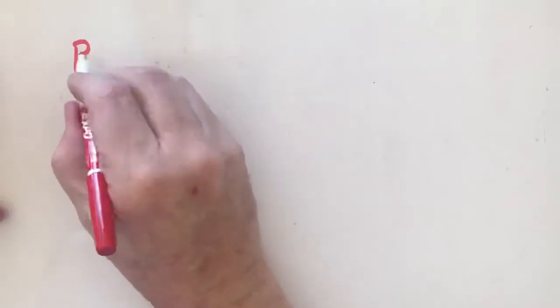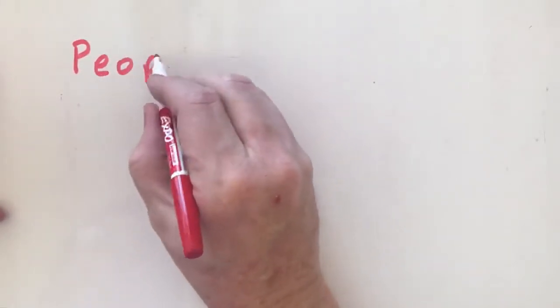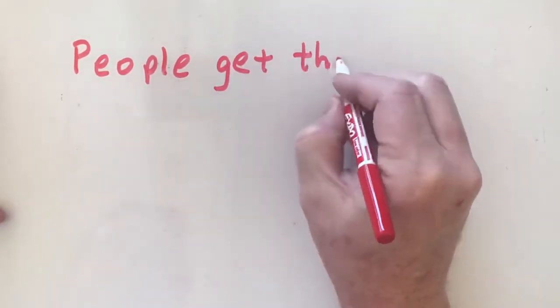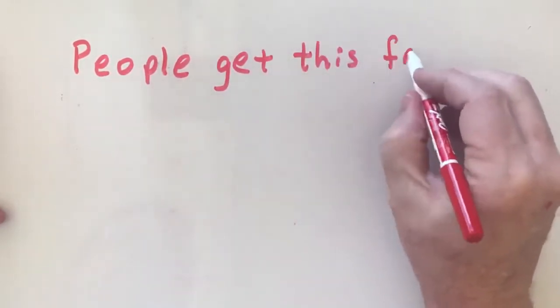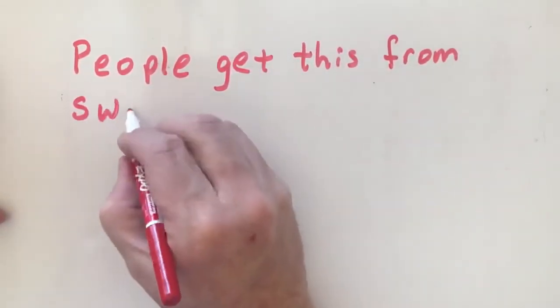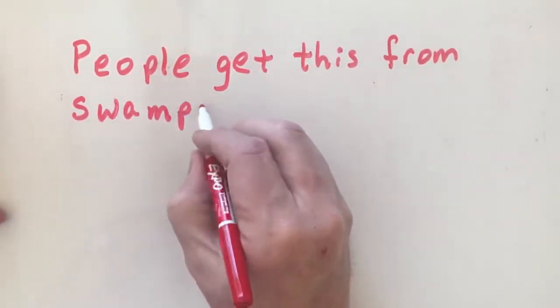Now, where do people get this from? People get it from swamps, or in just areas where there's slow moving water.